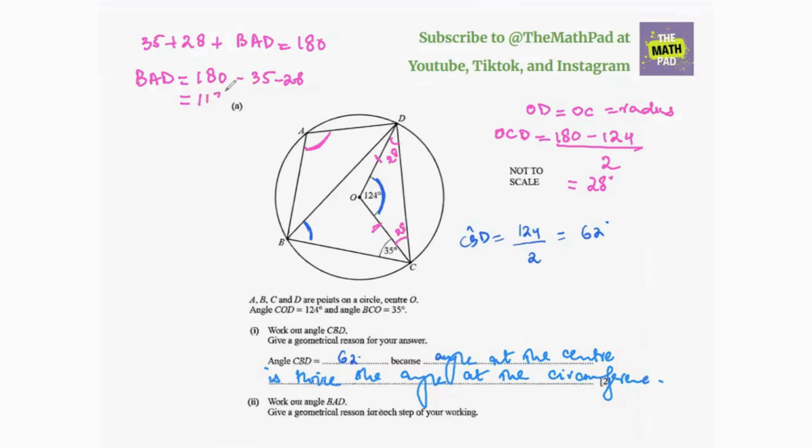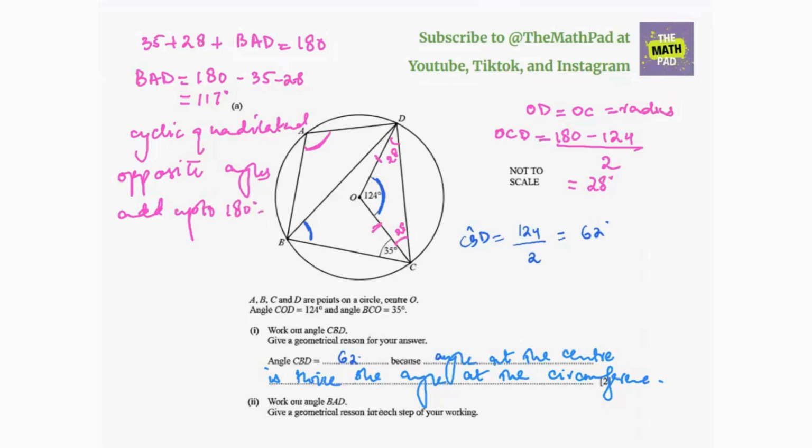So 117 degrees is the value for angle BAD. And the first reason was that OD equals OC, so it's an isosceles triangle. And then it's a cyclic quadrilateral. In a cyclic quadrilateral opposite angles add up to 180. That's your answer.